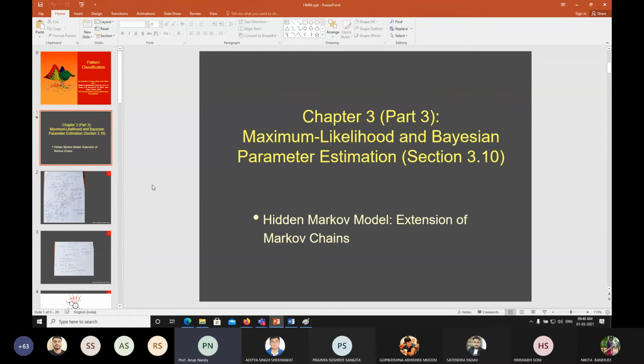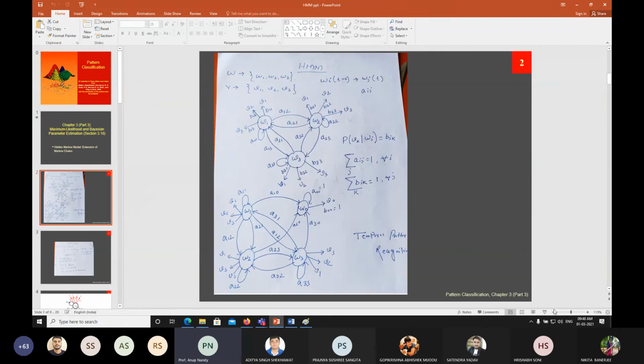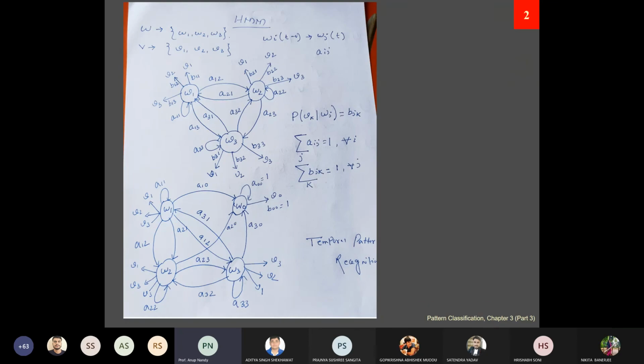But here you will see it is called a hidden Markov model. It is actually an extension of the Markov chain. So today I'll explain this. I think this type of diagram is clear to all of you, as you have seen all these things in finite state machines or finite state automata.